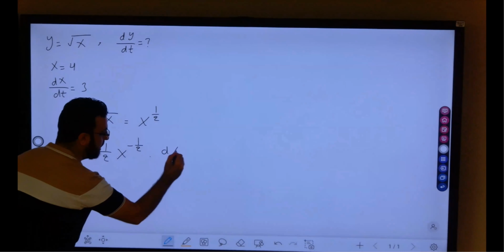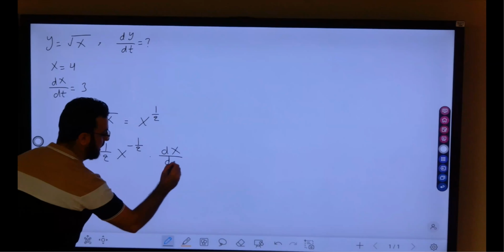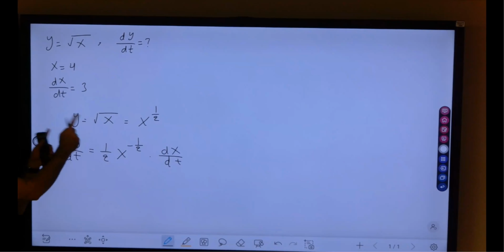So times dx over dt, which is 3, because I'm taking the derivative of both sides with respect to the time.